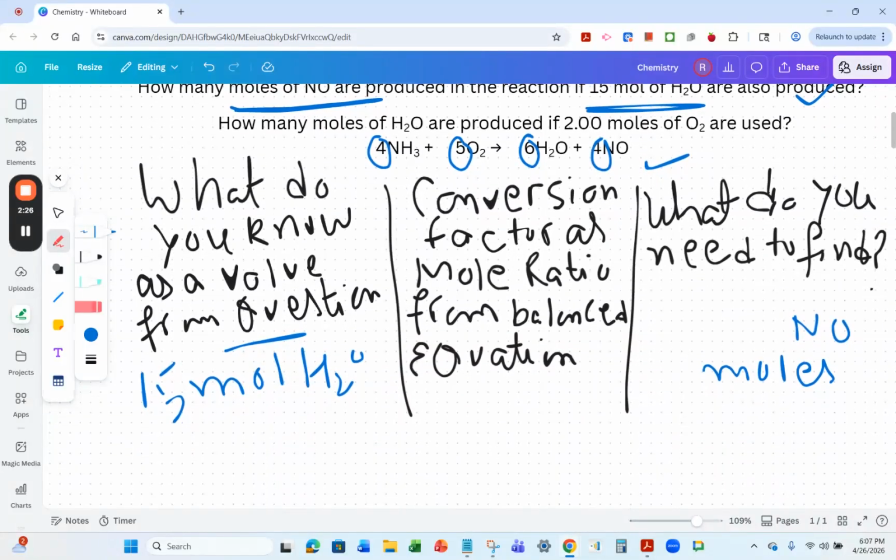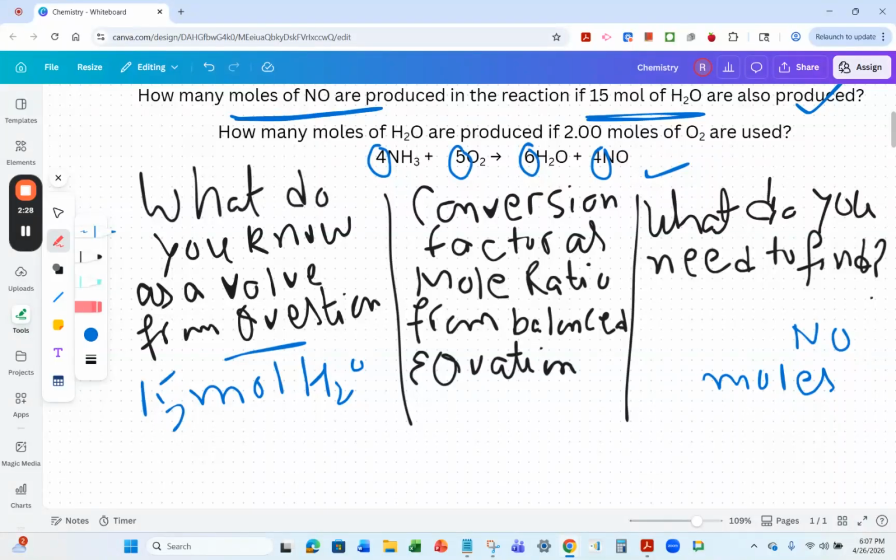On the middle column, that is your conversion factor in terms of your mole ratio from the balanced equation. So in the conversion factor, I need water and nitric oxide. Forget about other moles. This is how we proceed with the stoichiometry calculation.